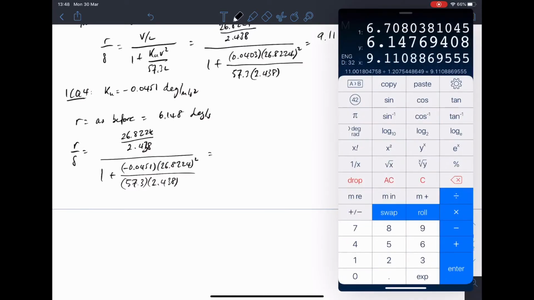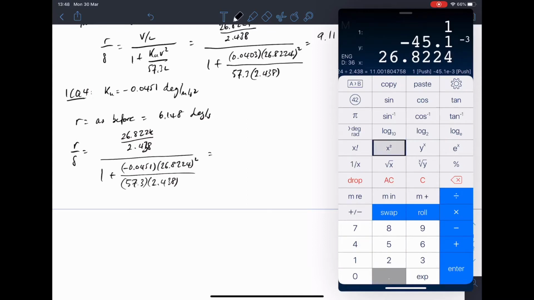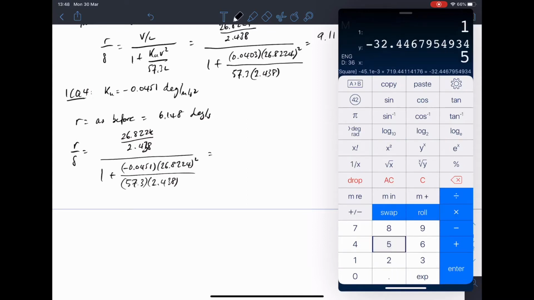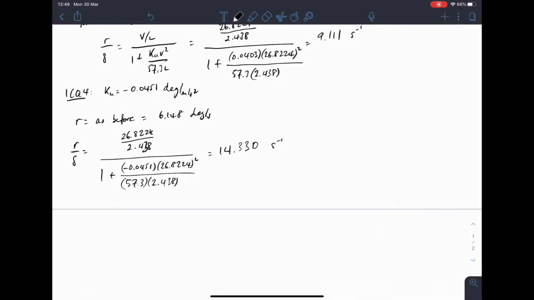So again, let's go through 26.8224 divided by 2.438, and then we've got 1 minus 0.0451 times 26.8224 squared divided by 57.3 times 2.438. Add that to 1, divide, and we have 14.330, and again that's seconds to the minus 1, because we've got degrees per second on top and degrees at the bottom.